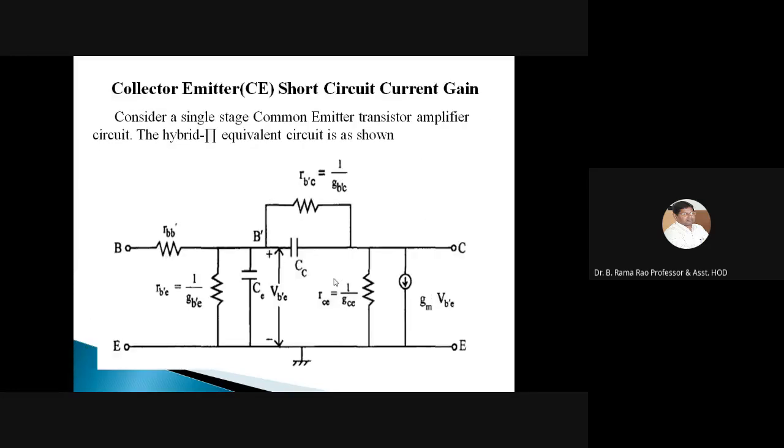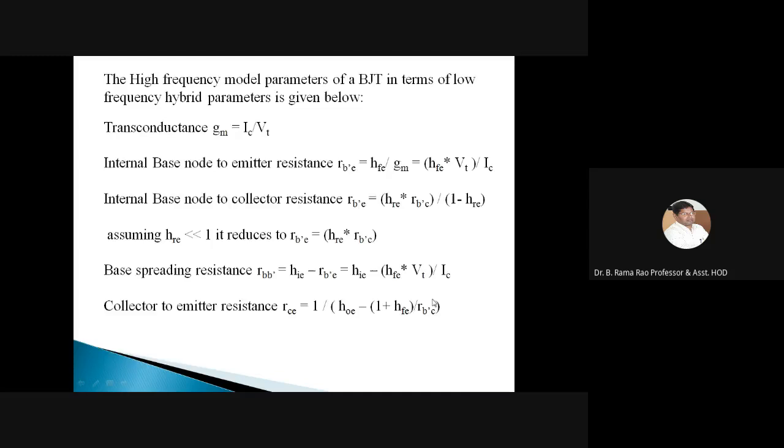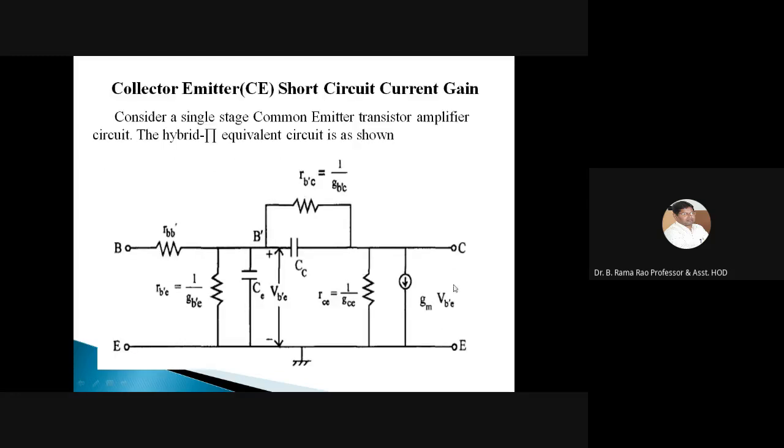So RL and this RC will disappear. If you short this, there is no load resistance. Because of the name itself, it is the collector emitter short circuit gain. If you short circuit this junction, load resistance is zero, and whenever the load resistance is zero, this also disappears.